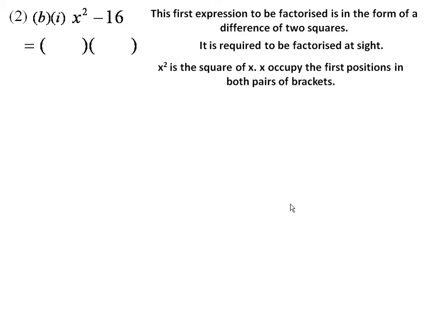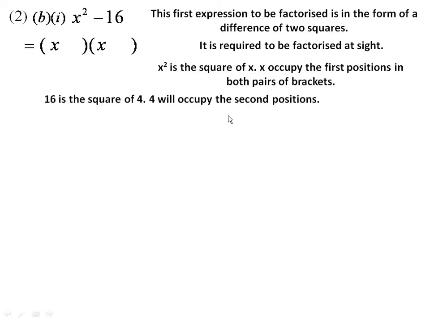X squared is the square of x. X occupies the first position in both pairs of brackets. So we have x there and we have x there. Also, we need to know what we square to give 16. 16 is the square of 4. 4 will occupy the second position.